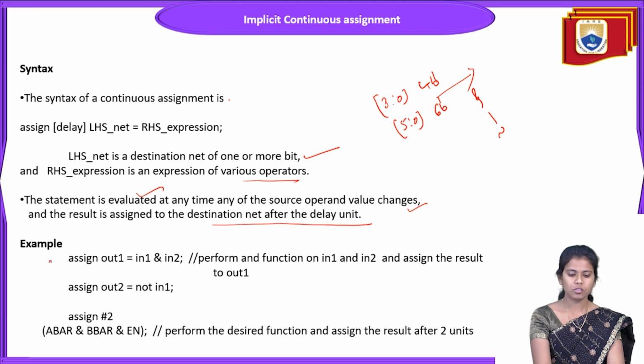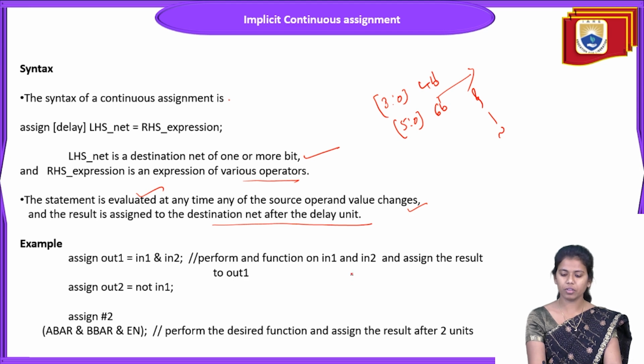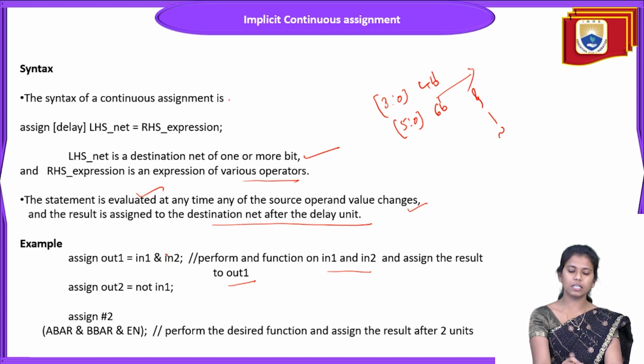So in the example given, assign out1 equals in1 and in2. Assign is the keyword for this continuous statement. It performs the AND function of both inputs and assigns the result to out1. So I am performing in1 and in2 and storing the result in out1. Similarly, assign out2 is for not in.